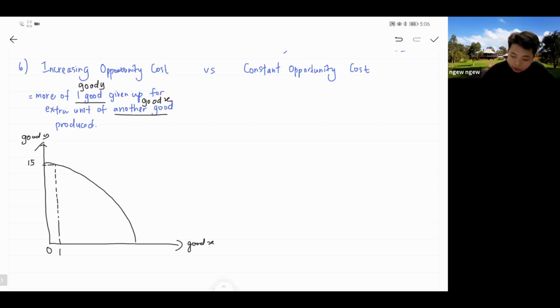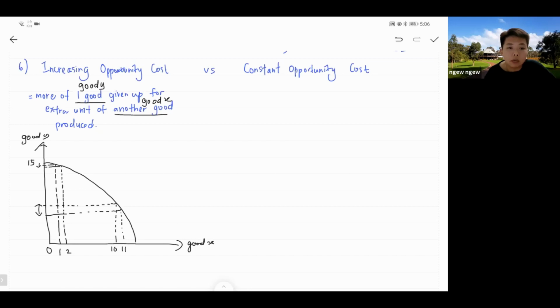Initially, when you want to increase your output of good X by an extra 1 unit, from here to here shows the amount of good Y that you have to give up. Later on, when you want to increase the output of good X by another 1 unit, from, let's say, 10 to 11, you will realize that now more of good Y is given up to increase good X by another 1 unit.